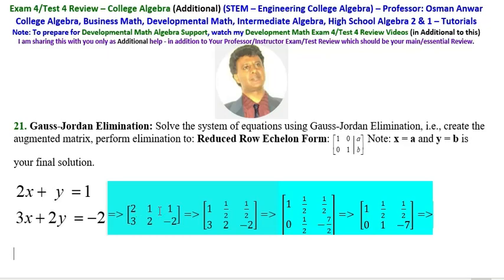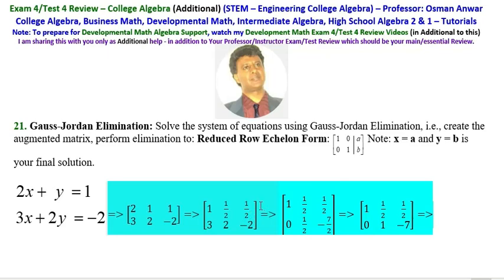2 divided by 2 is 1. 1 divided by 2 is half. 1 divided by 2 is half. And keep row number 2 as it is. Then we're going to turn this to 0. To turn this to 0, keep row number 1 as it is, 1, half, half. Then multiply row number 1 by minus 3 and add it to row number 2.